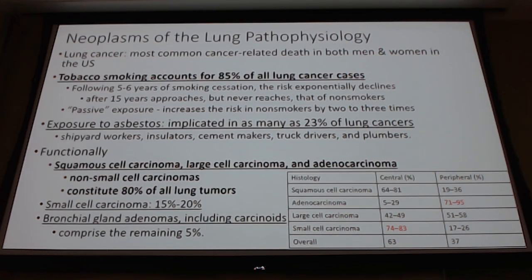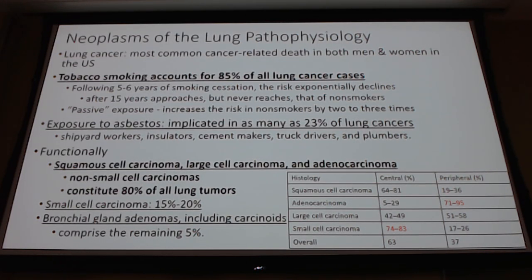Okay? When we get into small cell carcinoma, that's about 15 to 20%. And then we always have to come back to our carcinoids, okay? And our bronchial gland adenomas, those are about 5%.